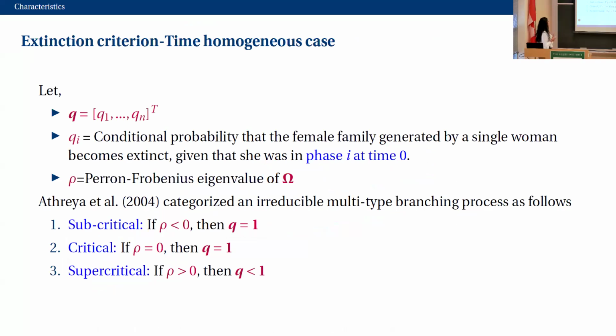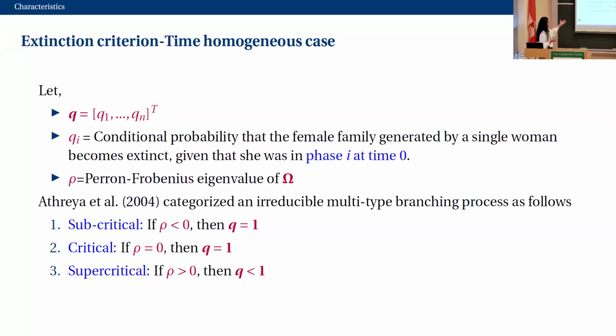But before moving on to extinction, I defined the probability vector Q, where Qi is the conditional probability that a female family generated by a single woman becomes extinct, given that she was in phase i at time 0. Now, for an irreducible multi-type branching process, there's a very well-defined theorem to categorize a branching process into one of these three categories.